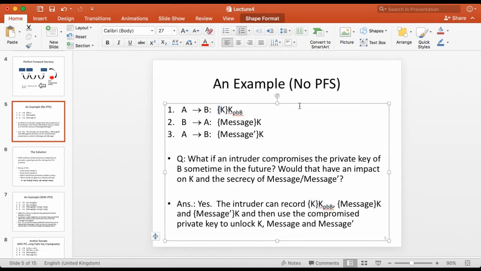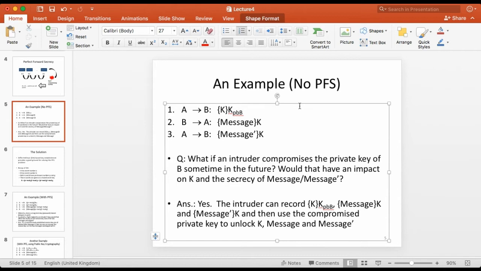Okay, so the intruder will have been listening, so the intruder knows that there is an encrypted message that was communicated. It also knows of the second encrypted message and the third encrypted message.